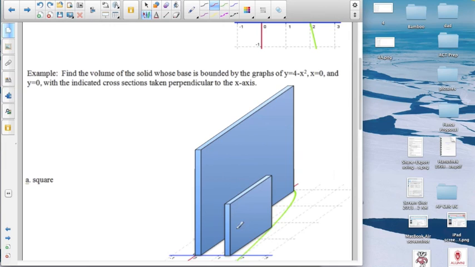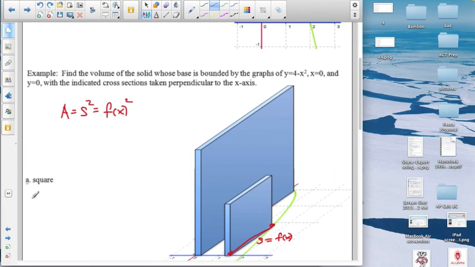So here are our squares stacked up, and if you remember from the previous example, the area of our square is side squared, and since the side of one square lies along that base and extends from the x-axis up to the function, that one side is the value of the function itself.